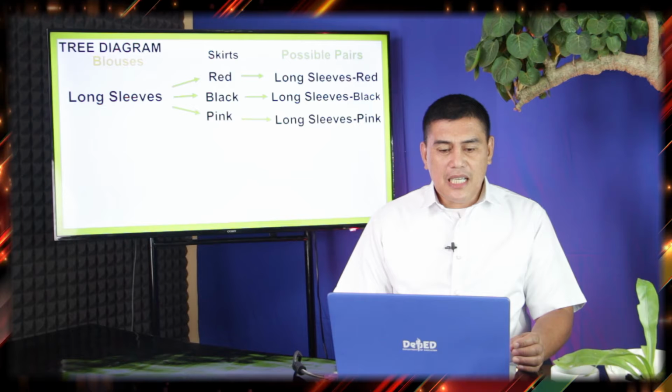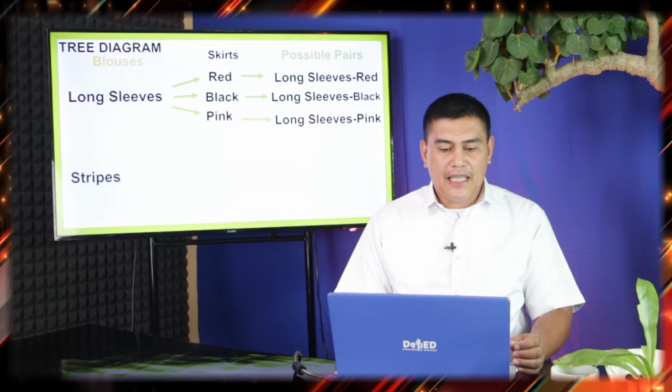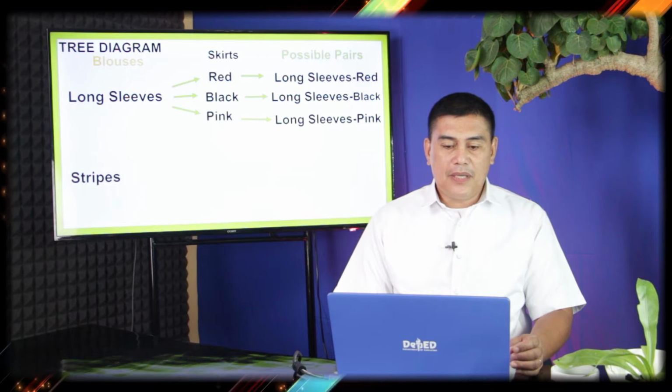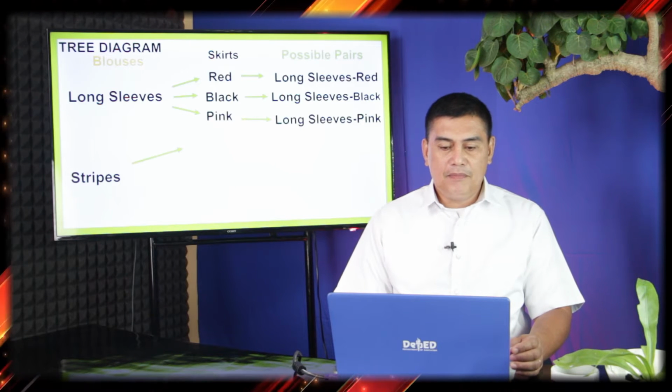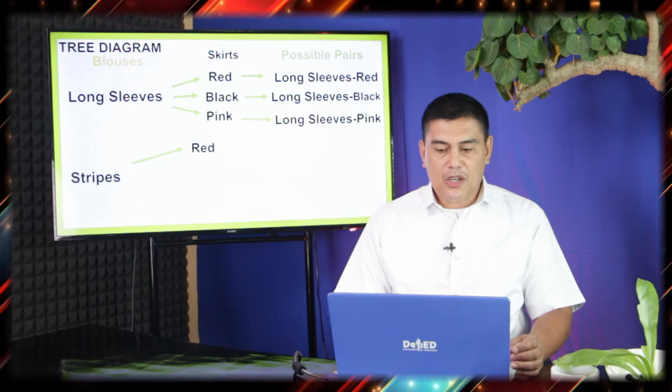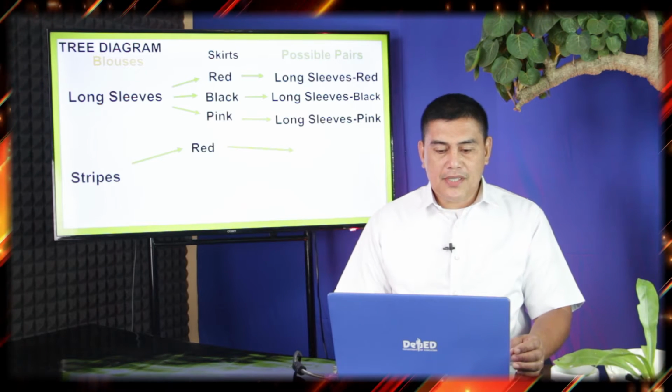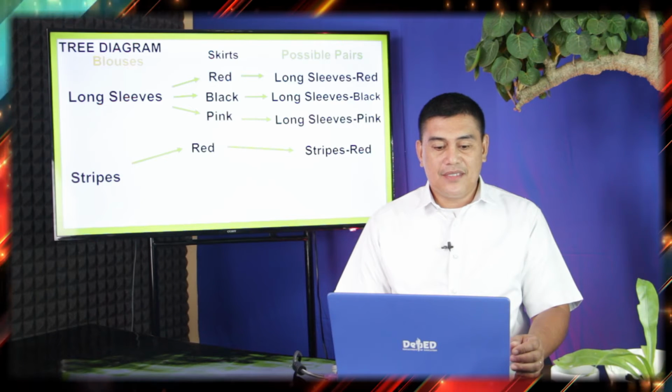Now, kung sa blouse, ang napili ni Anna is stripes, pwede rin siyang pipili ng kanyang skirt na red. So, ang combination or the possible pair would be stripes and red.